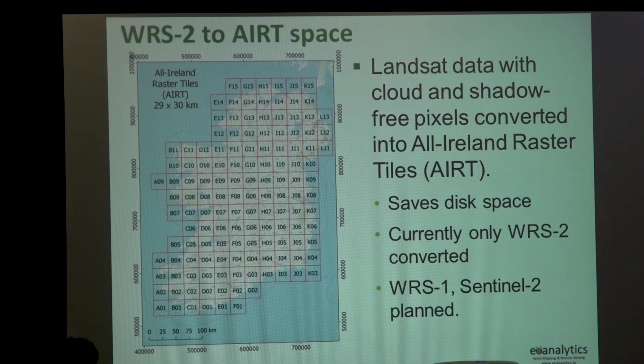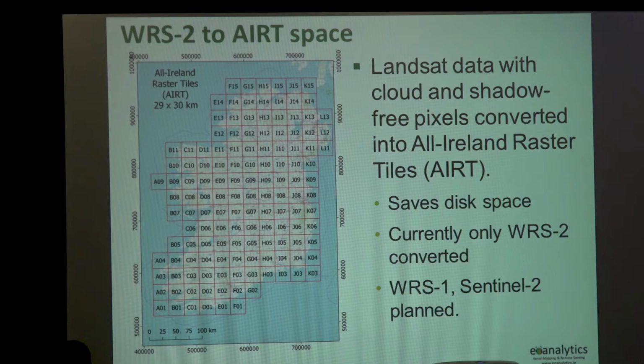I also created what's referred to as the All Ireland raster tiles, and the reason why is because you end up with a lot of data that you've downloaded from USGS that's over the ocean, and my applications are for land, so I'm generally not interested in what the Irish Sea looks like. Or the Atlantic or whatever. So I created this grid that included all the land tiles, and so it doesn't save data that are not on the tile.